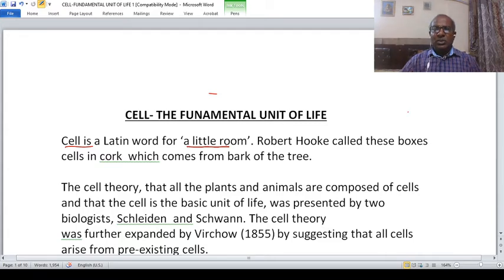Robert Hooke first observed these boxes or compartments in cork. Cork you get from the bark of a tree, especially in the Mediterranean area, where you get cork oak. So Robert Hooke observed the cell in cork.